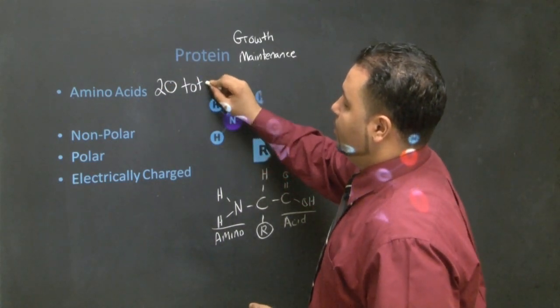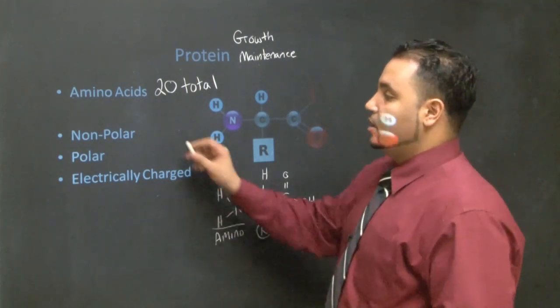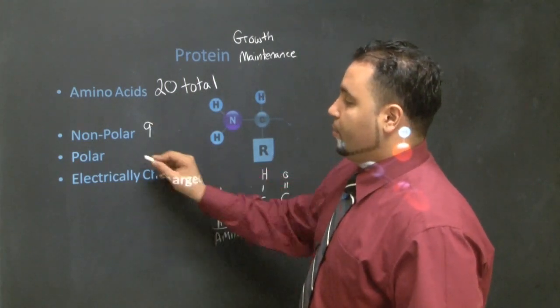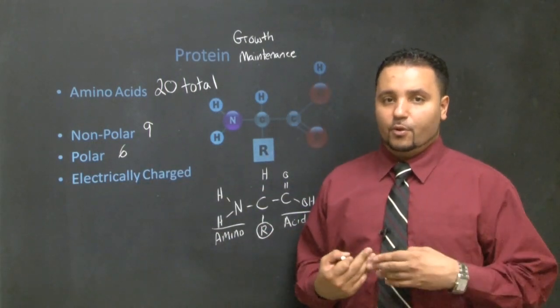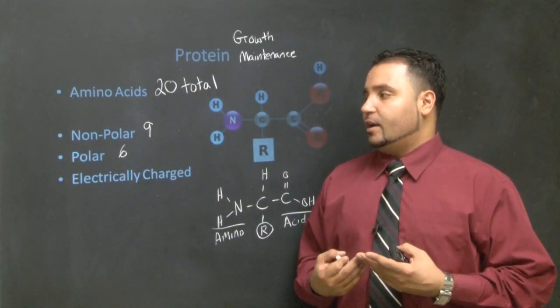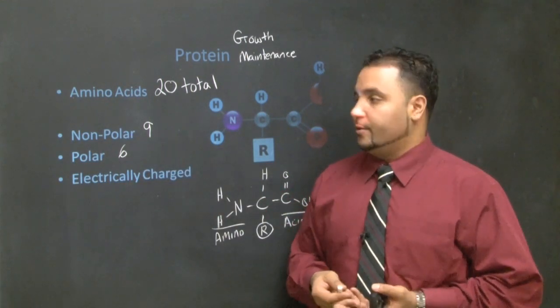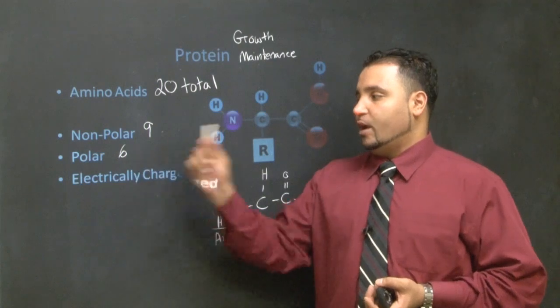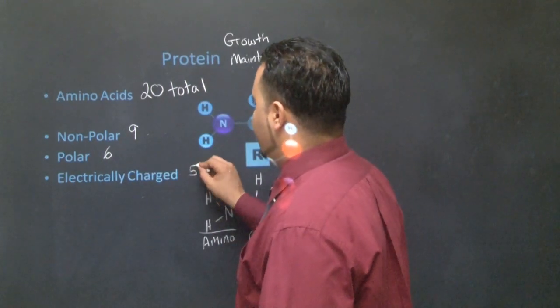You have 20 total, and they are nonpolar, polar, or electrically charged. 9 of them are nonpolar. 6 of them are polar. So this is why we went over nonpolar and polar with you before. And that means that nonpolar, they can't stand water. They fear water. Hydrophobic. Polar, hydrophilic. And then the electrically charged would be the remaining 5, right?